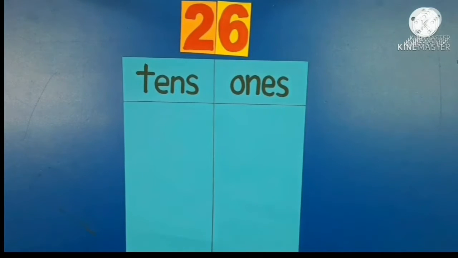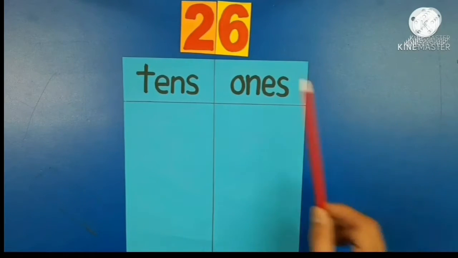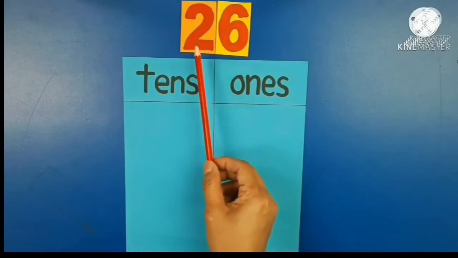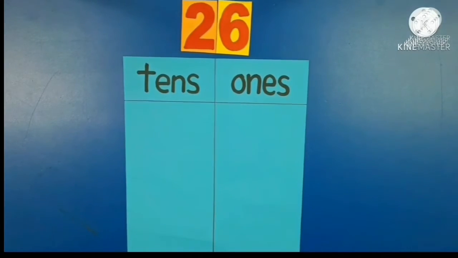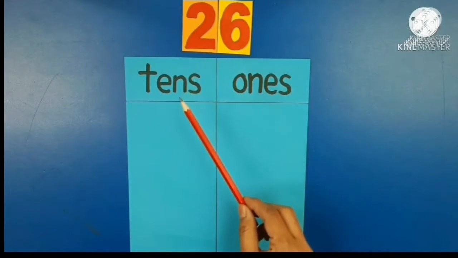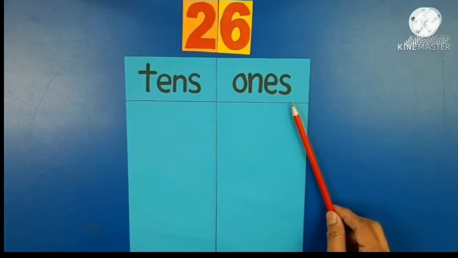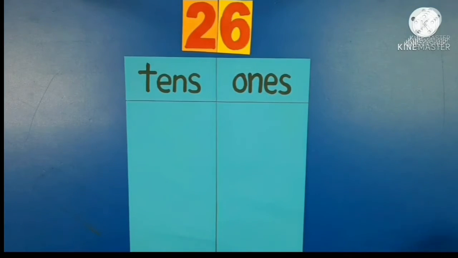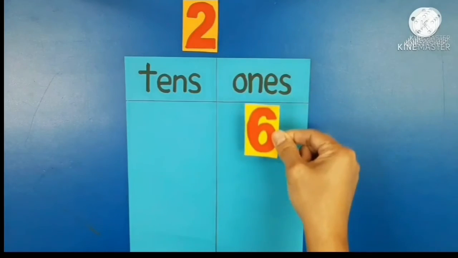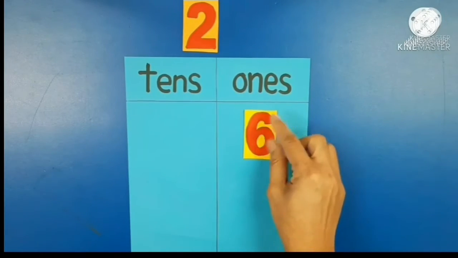Okay, let's try another example. What number is this? 26. Good job, 26. Can you tell me the place value of 6? Is it in column tens or column ones? Ones. Good job. You're very confident now. 6 ones.